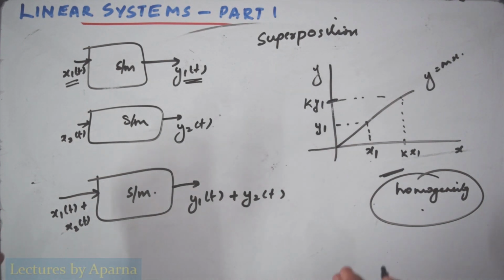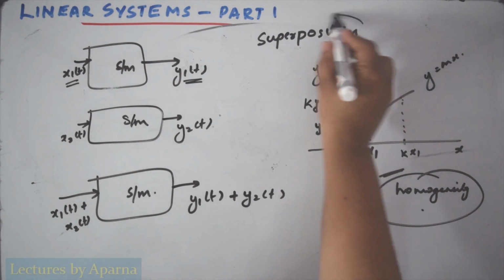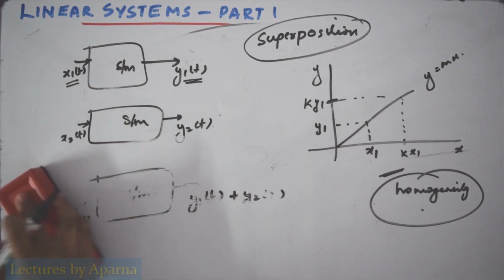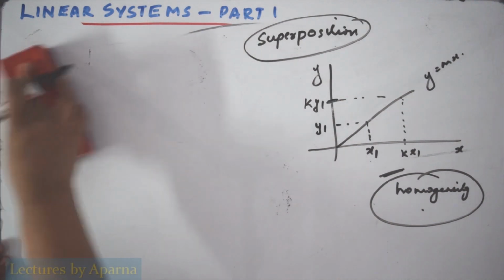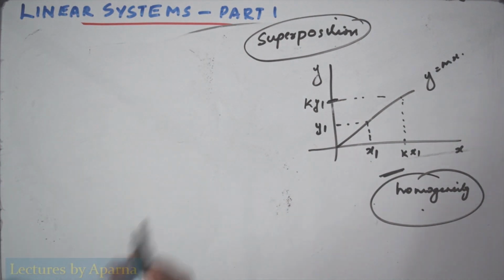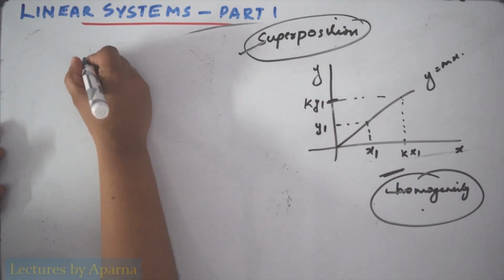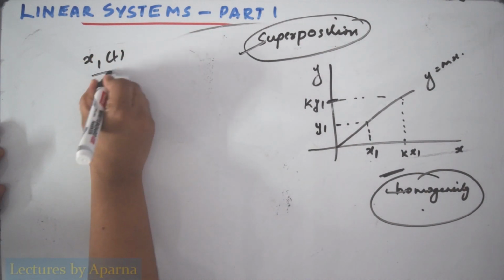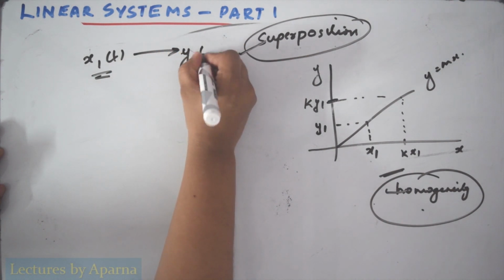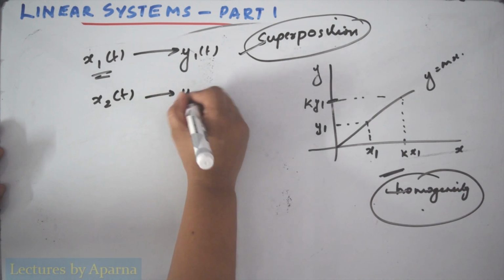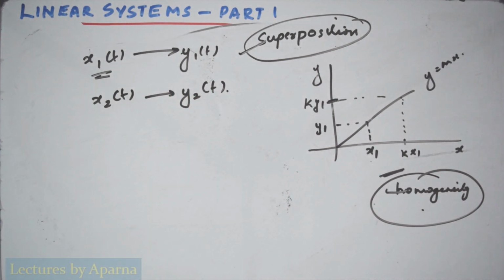So a linear system will be satisfying this superposition principle and homogeneity principle. So we define the linear system in terms of the superposition property and homogeneity principle: a system is said to be linear if it obeys the superposition property and homogeneity property. So combining these two properties, we can develop the equation. Suppose x1 of t is the input to a system and it gives a corresponding output y1 of t, and x2 of t is the input of a system and it gives correspondingly an output y2 of t.